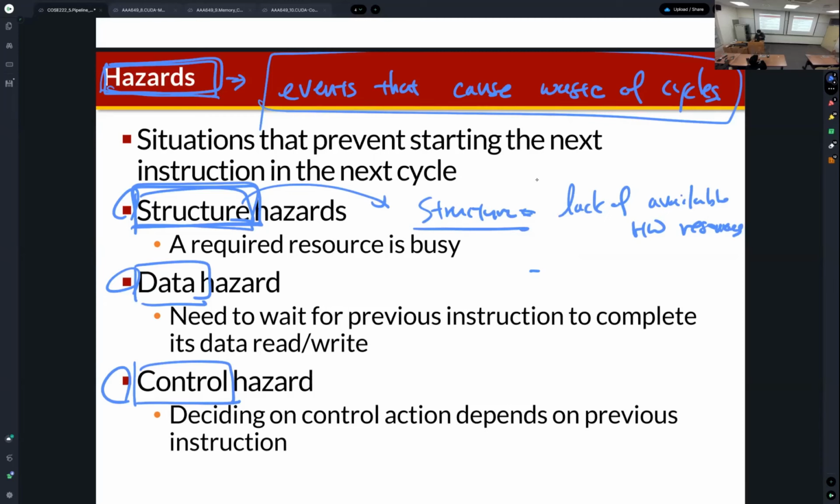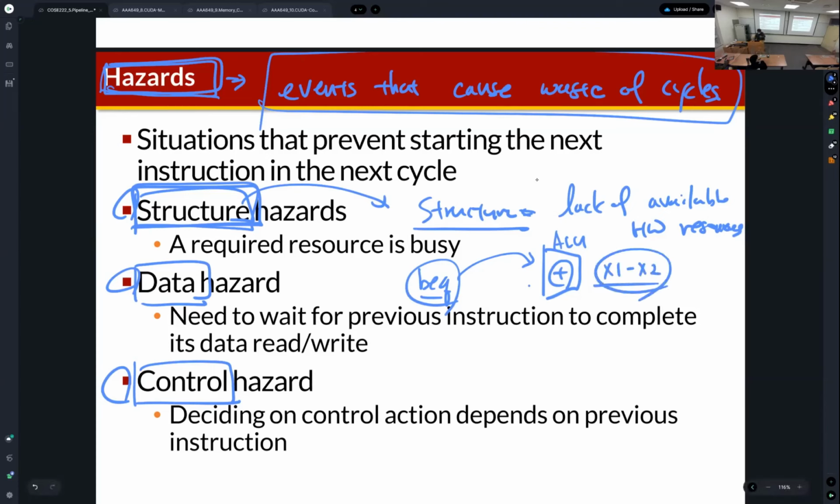So for example, this is the adder, and actually the ALU. When BEQ is executed, BEQ needs to use the ALU for X1 minus X2, in order to compare the two operands, so BEQ needs to perform subtraction.